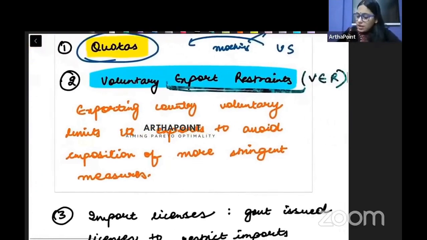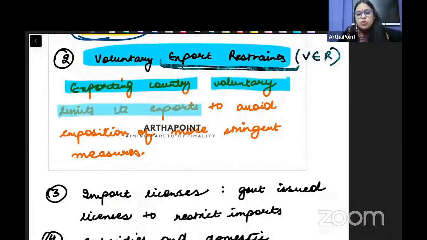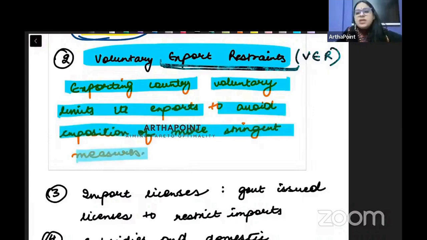Read it out, beta. The exporting country, the country that is exporting, voluntarily limits its exports. It is stopping its exports voluntarily to avoid imposition of stringent measures, so that another country does not take any strict measure.